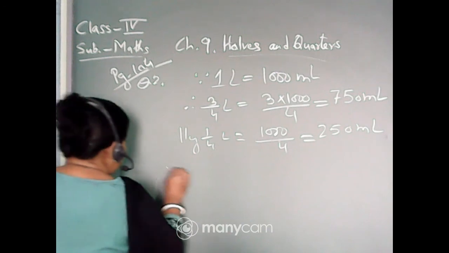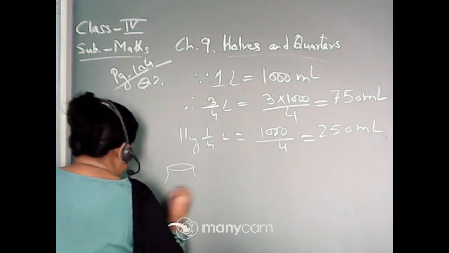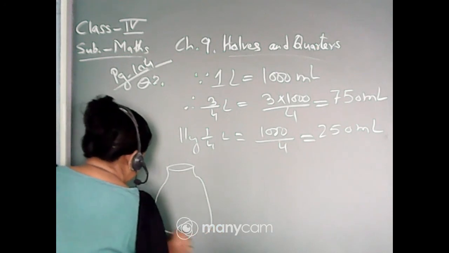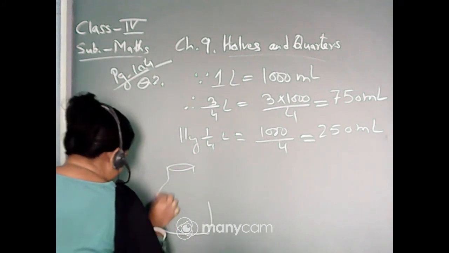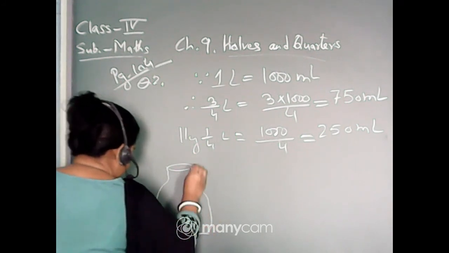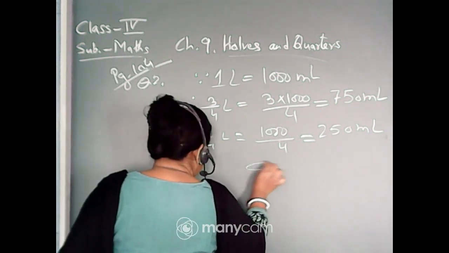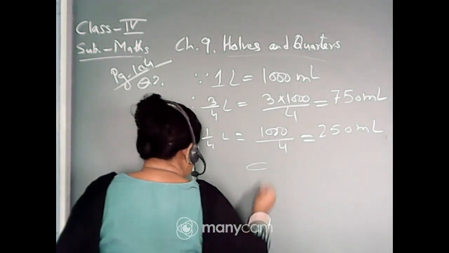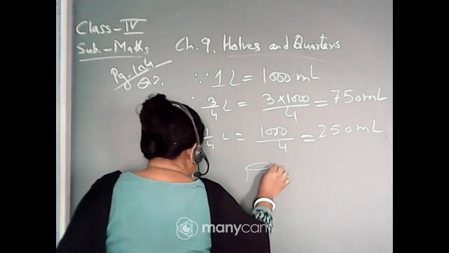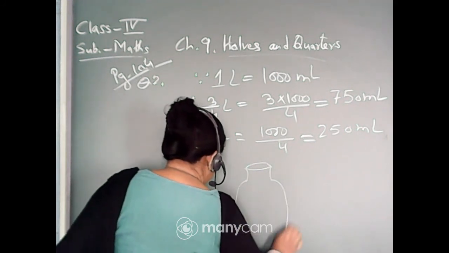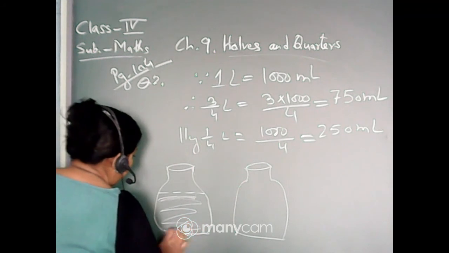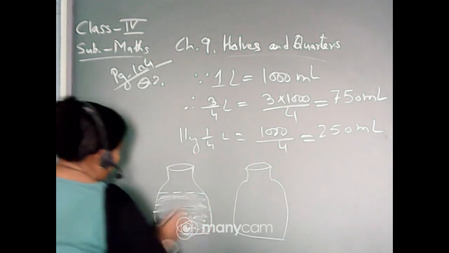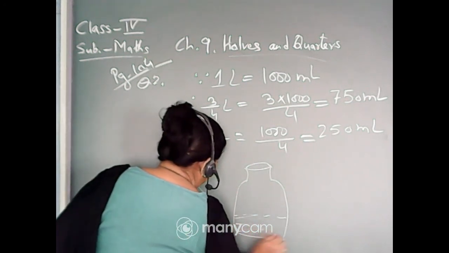Okay, so suppose this is the bottle, the maximum. Listen students, I am very bad in drawing, so please cooperate with me. So in the first one, up to 750 you will shade like this, and in the second one you will shade 250, that is 1/4.